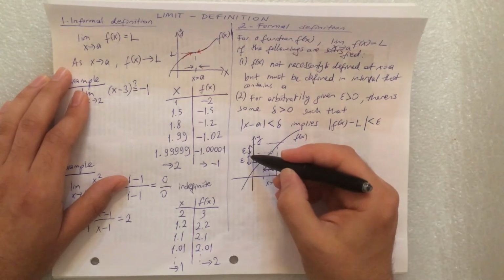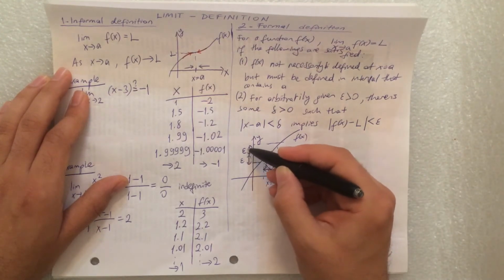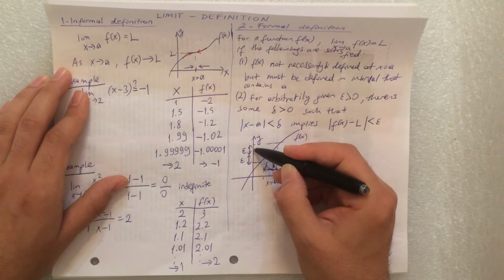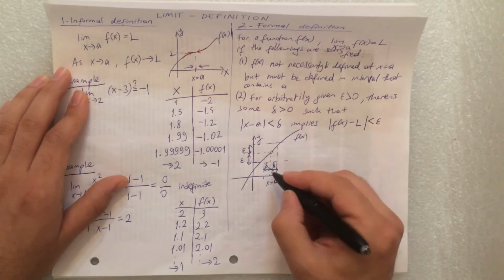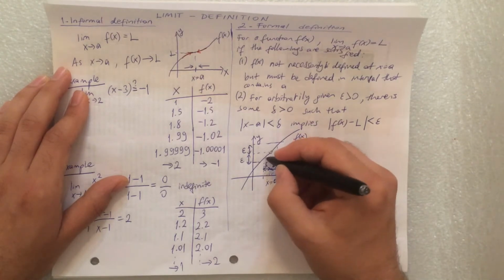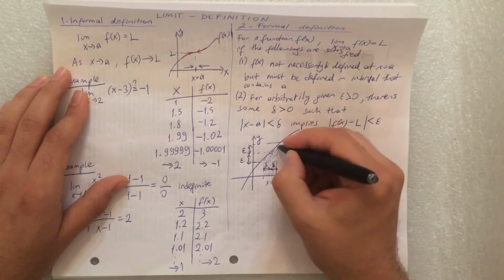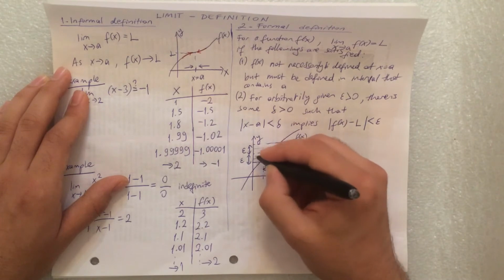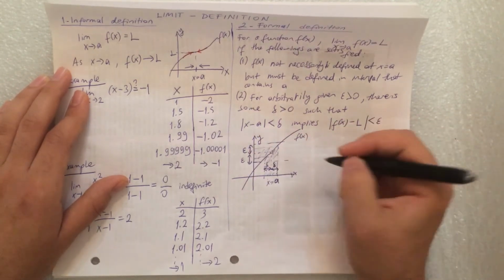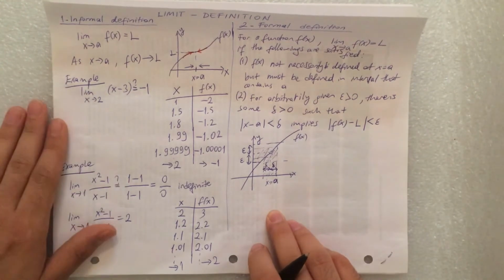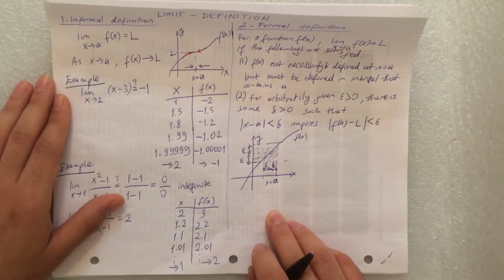So if somebody gives you a value of epsilon which is greater than 0, then we can always find a value of delta such that in this interval the value of the function is going to be within this plus minus epsilon value. So this is what the formal definition of limit is.